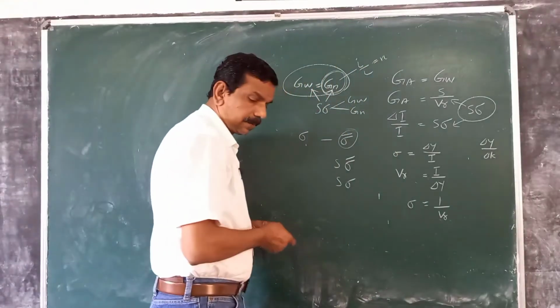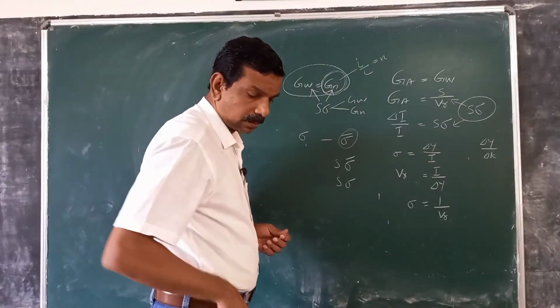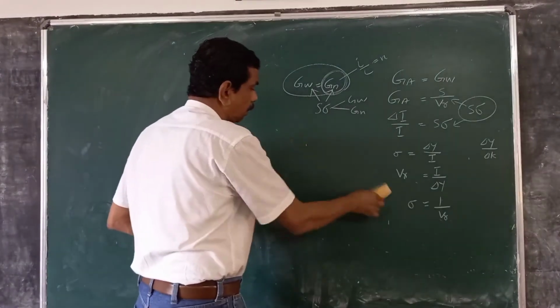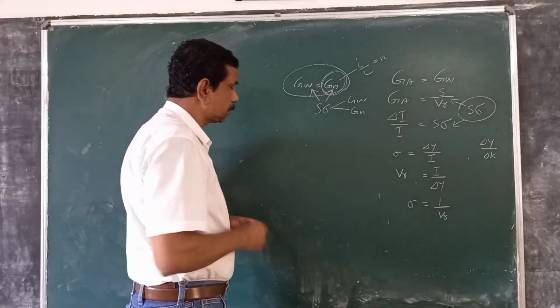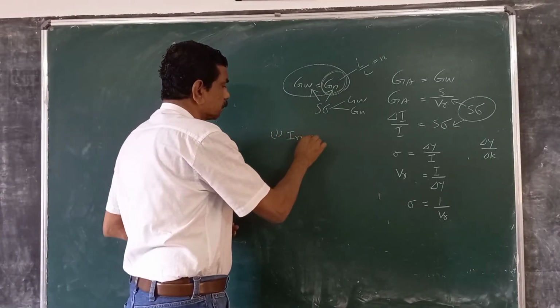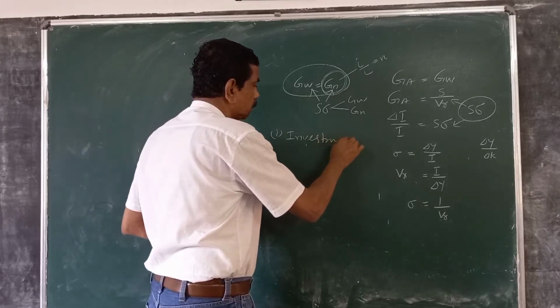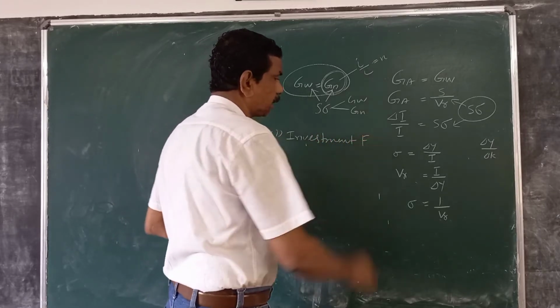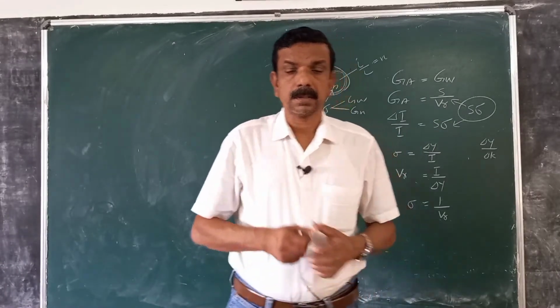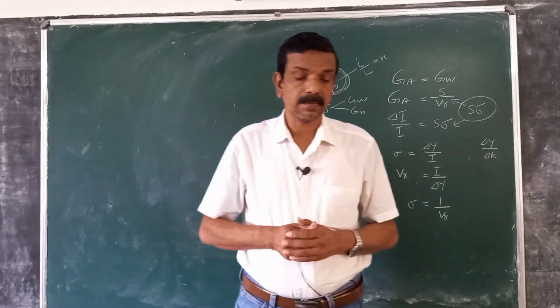One fundamental difference is that in the Domar model, there is no independent investment function.